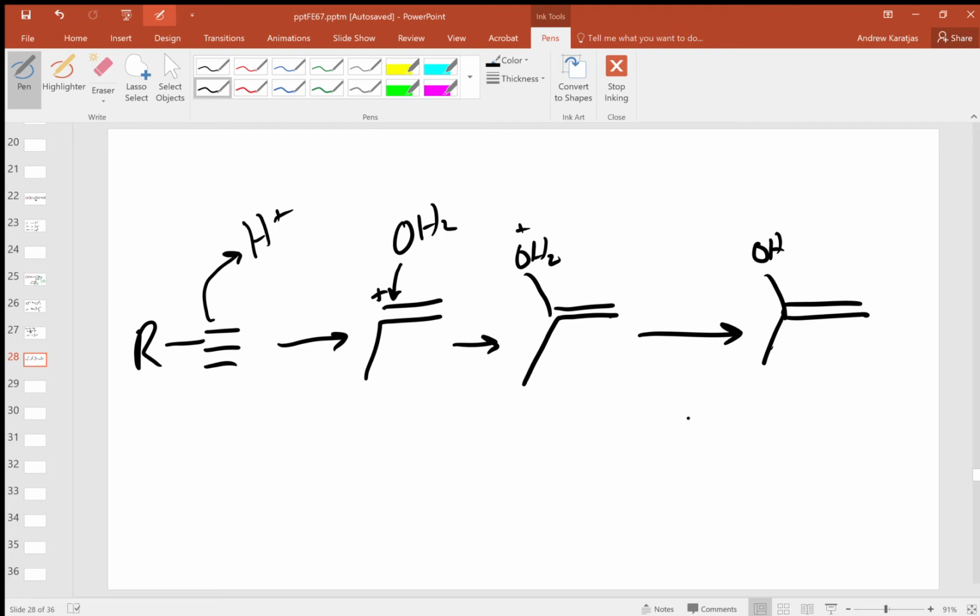And so at this point, this makes it look like any hydration of an alkene. We've added a hydrogen on the less substituted carbon and a hydroxyl group on a more substituted carbon.